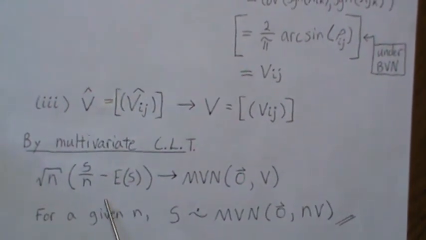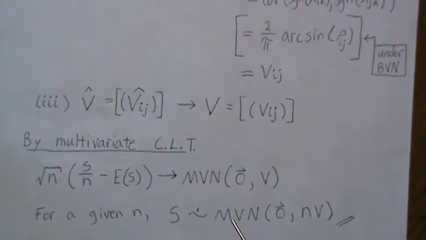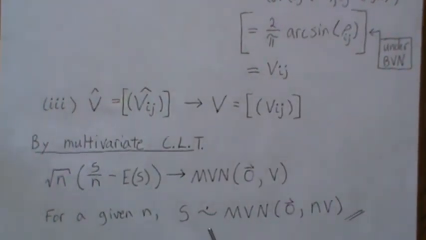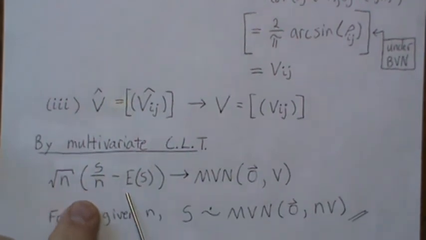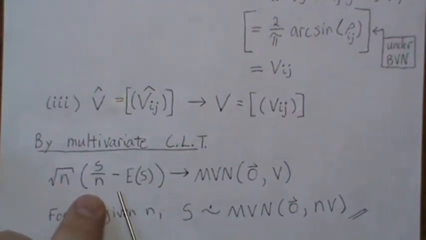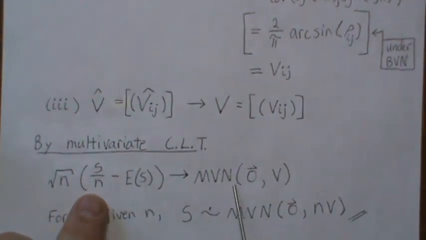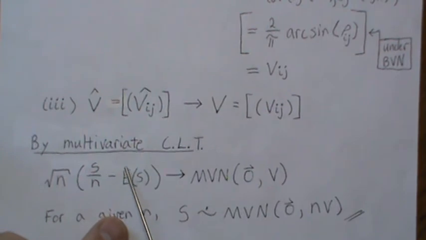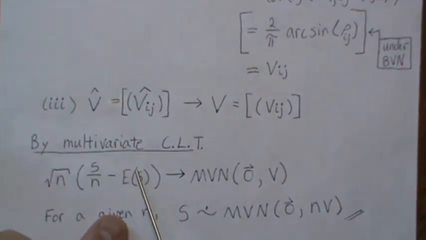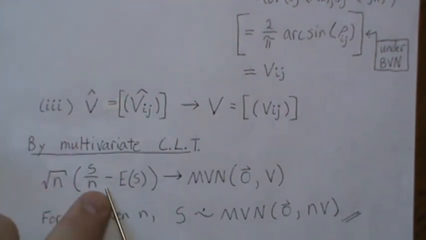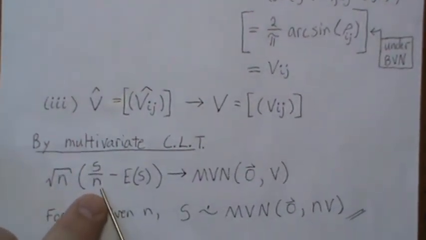Now, here, this is a little tricky, and people kind of abuse the terminology here. So this is an asymptotic result. So we need n's over here, because as n goes to infinity, it converges in distribution to this. But what some people do, remember this is the zero vector, so we can get rid of it. And then that cancels with this, and we have S divided by the square root of n.